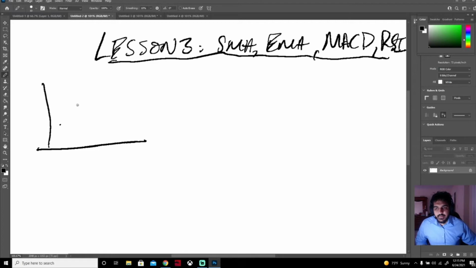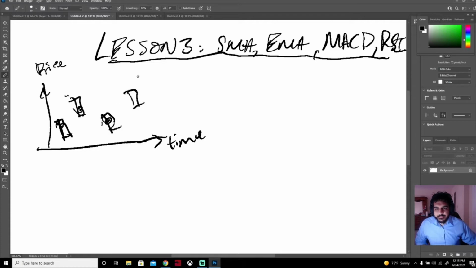There's a good chance a lot of people already know this, but assume that we had a stock here. This is the price, and this is the time. Just like we had those candlesticks. In this case, we have a few candlesticks, and we basically just take the close out of each of the candlesticks.